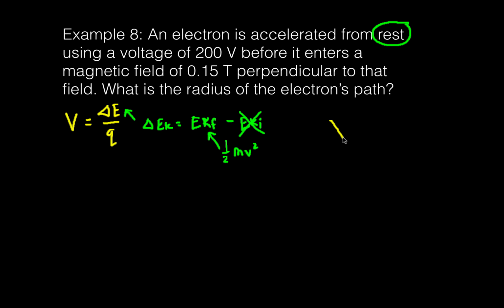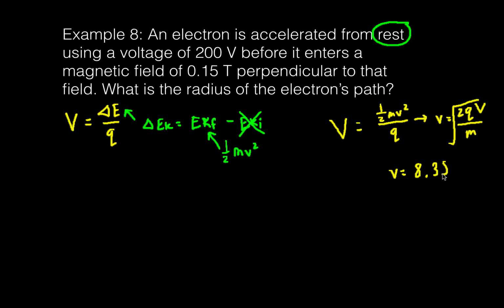So we have voltage equals 1/2 mv squared divided by q, which tells us that the velocity is equal to the square root of 2qV divided by m. So the velocity equals 8.38 times 10 to the 6 meters per second.